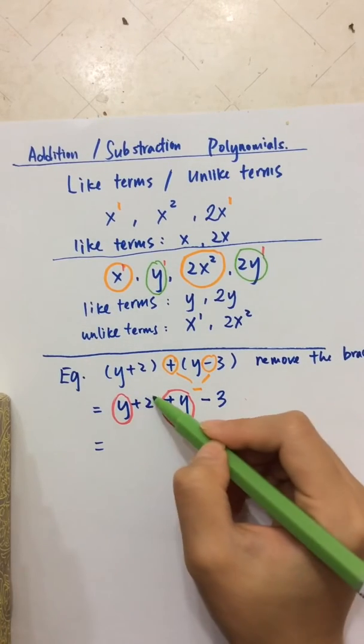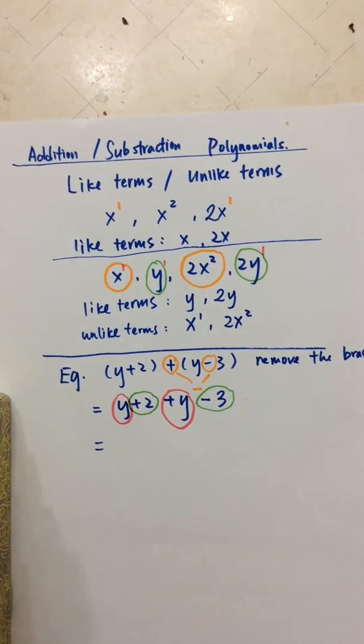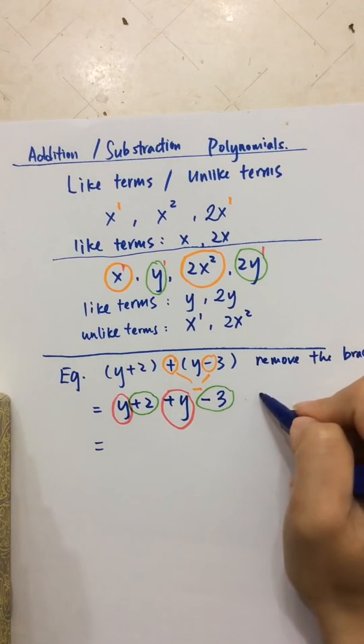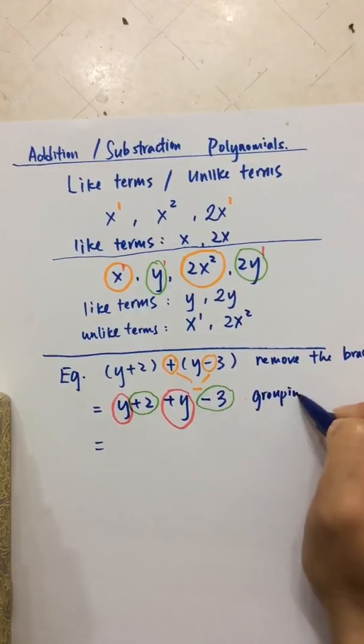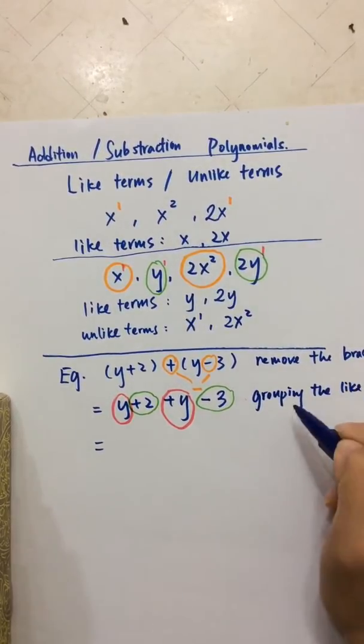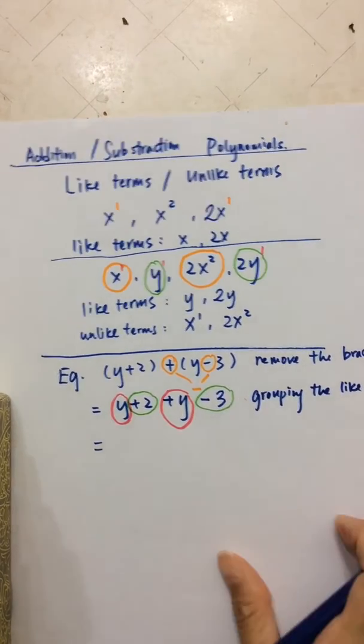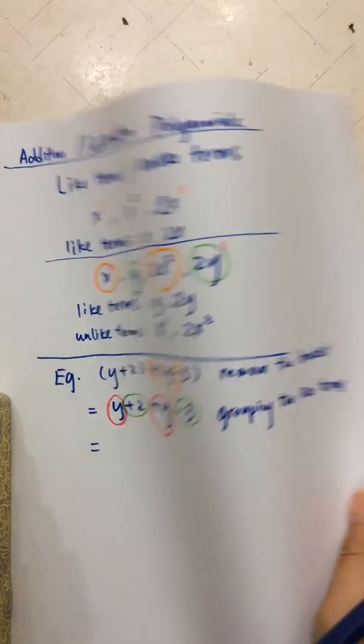Don't forget to circle with the symbol. So for this step, we will group the like terms.